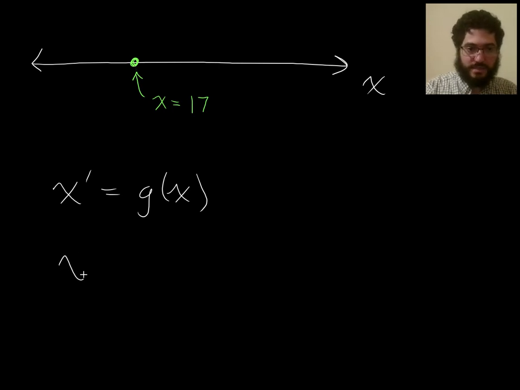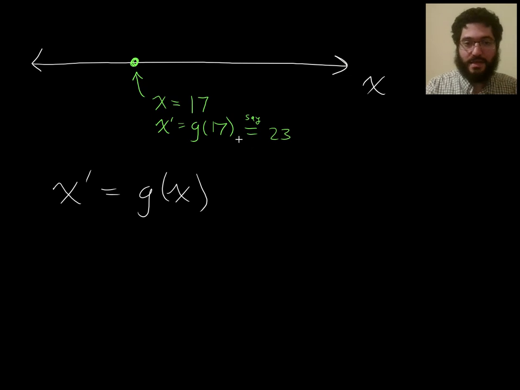Why? Because your x prime, if x is 17, then x prime is whatever is g of 17. So maybe that's, let's say it equals 23. Then that tells you your rate of change in time, dx dt, is 23, meaning you're going to increase your x value by 23 units of x per unit of t.